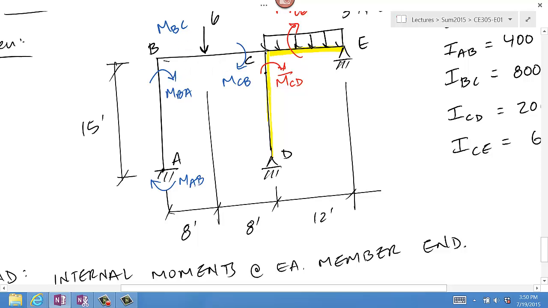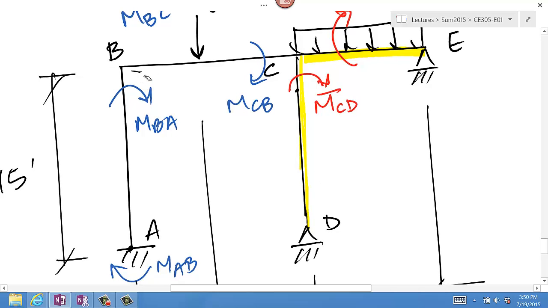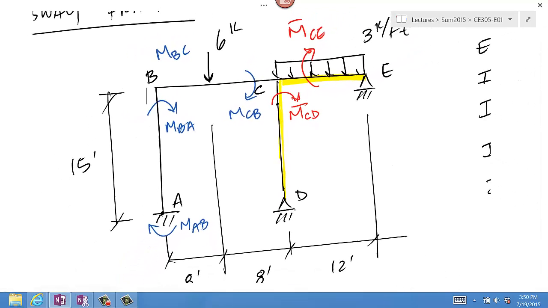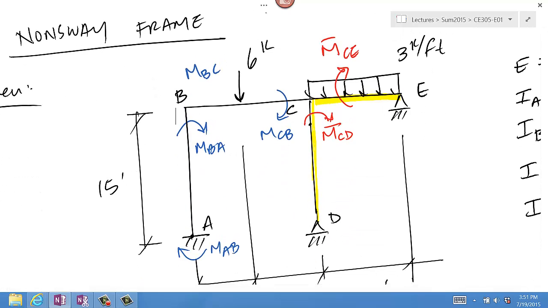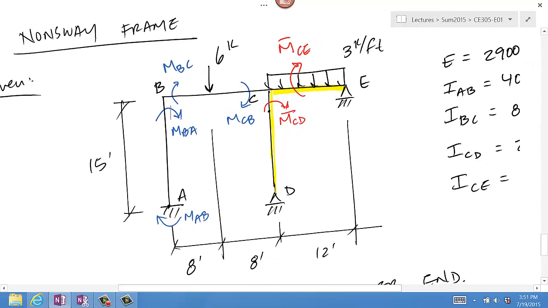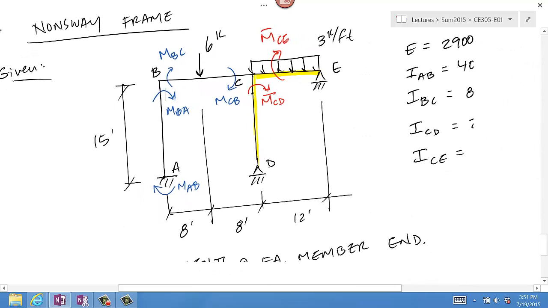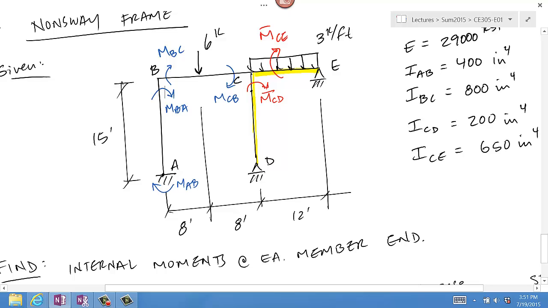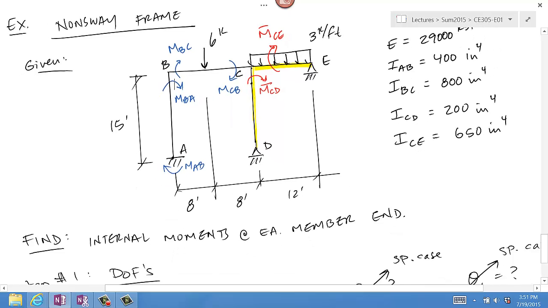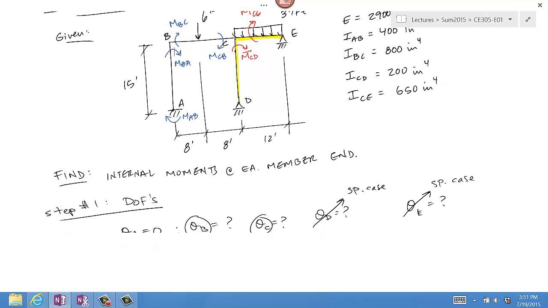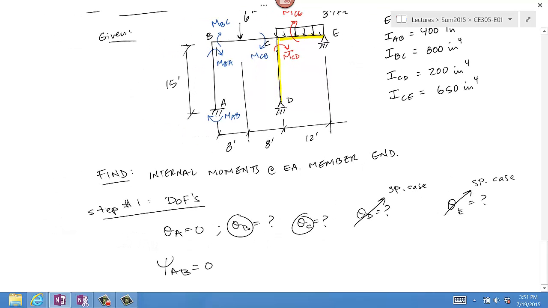But in this particular example, we don't have any support settlement. So for all of the horizontal beam segments, that is BC and CE, you can create a psi term if there is a vertical settlement present. For columns, you will create a psi term if there is a horizontal type of settlement, or also fabrication error, as will be discussed later.